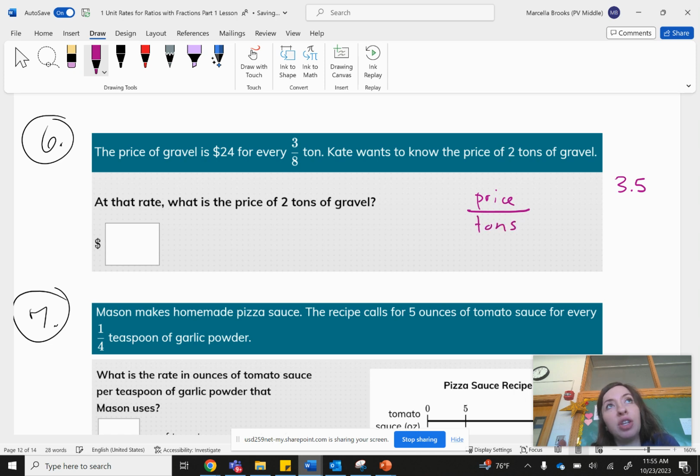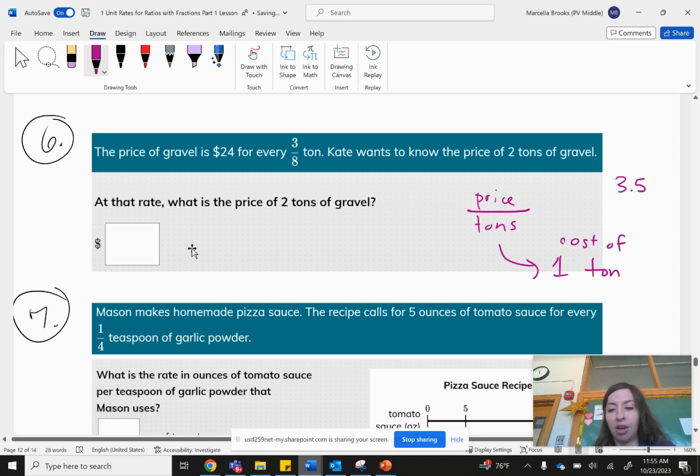So if you can find the unit rate, I'll give you a 3. But if you can find out how much 2 tons would cost, this will tell you how much 1 ton will cost. So if you can find how much 2 tons would cost, then I'll give you 3.5.